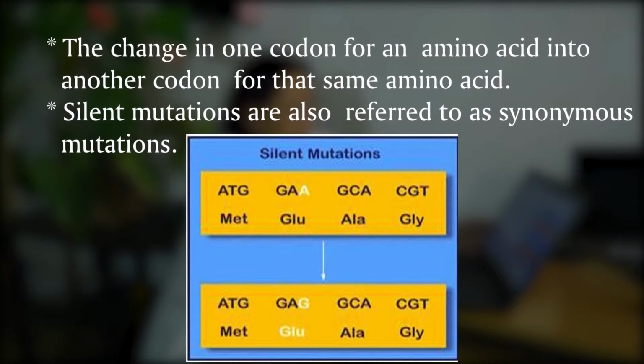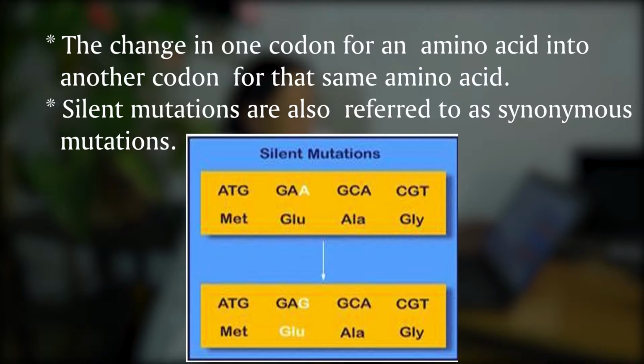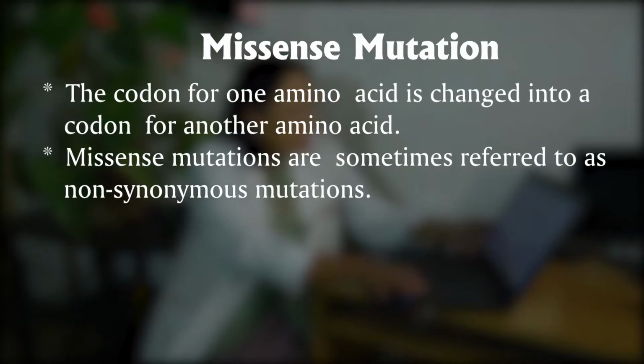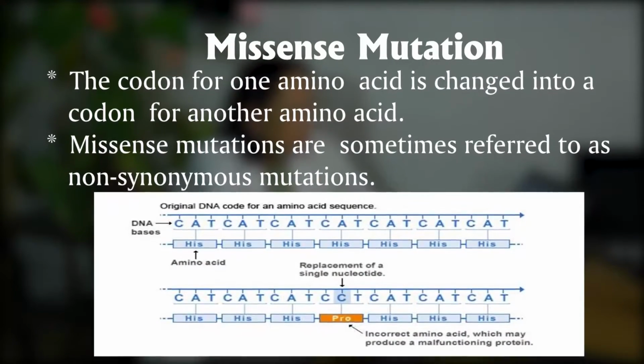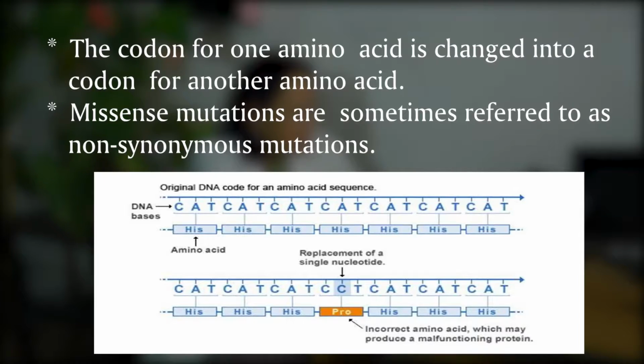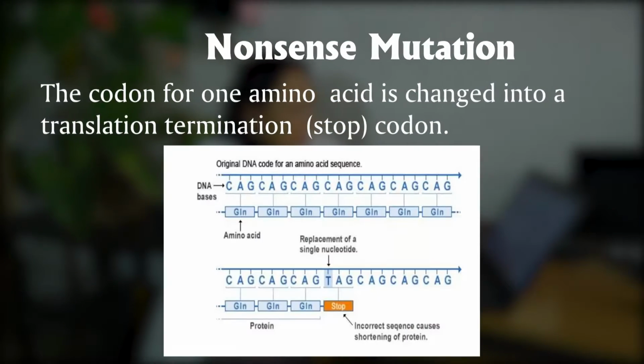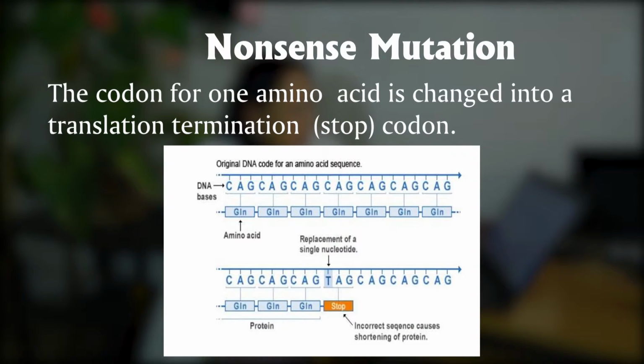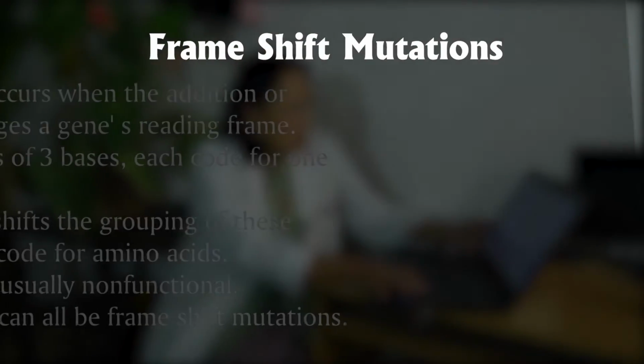Silent mutations are also referred to as synonymous mutations. In missense mutation, the codon for one amino acid is changed into a codon for another amino acid. Missense mutations are sometimes referred to as non-synonymous mutations. In nonsense mutation, the codon for one amino acid is changed into a translation termination codon, or stop codon.